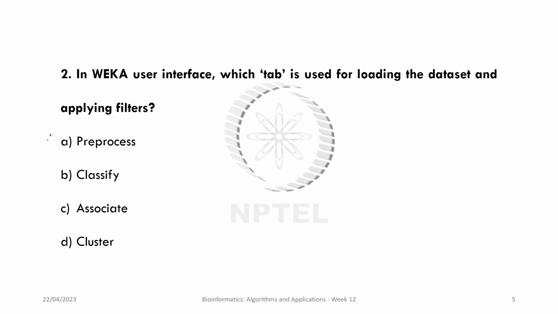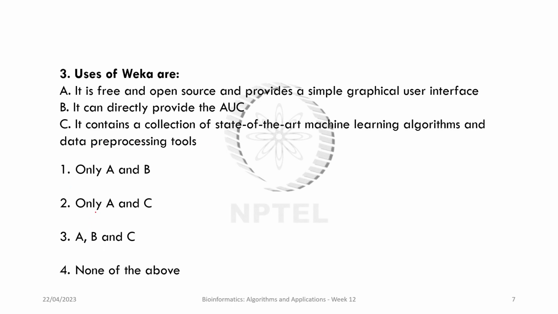Okay, 4 votes for A. Preprocess is of course the tab under which you load the dataset and also apply the filters, not classify or associate or cluster. Option A is right.